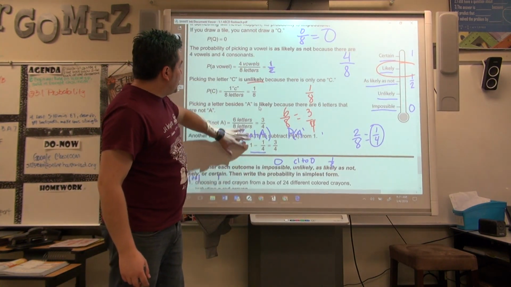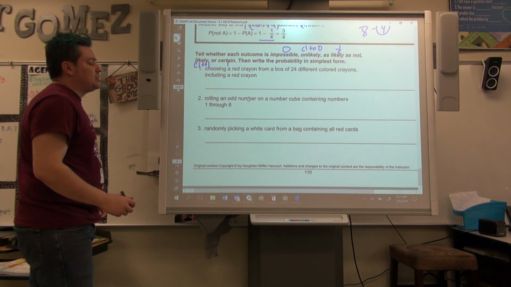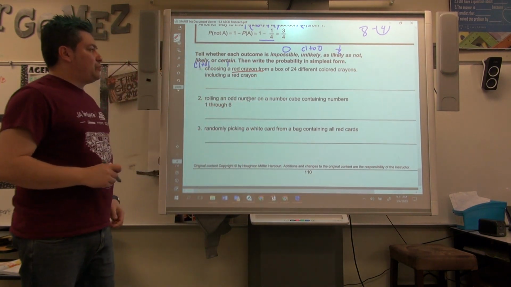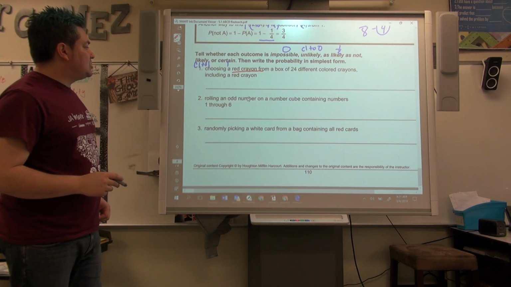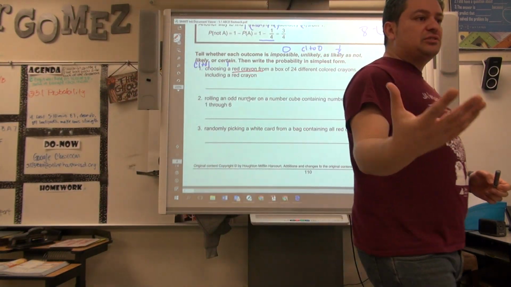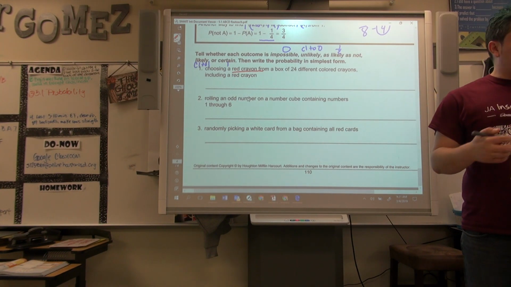So let's look at this right here. It says choosing a red crayon from a box of 24 different color crayons, including a red crayon. So how many total crayons do we have? 24. How many does it say is red? 1. They're all different colors, right?